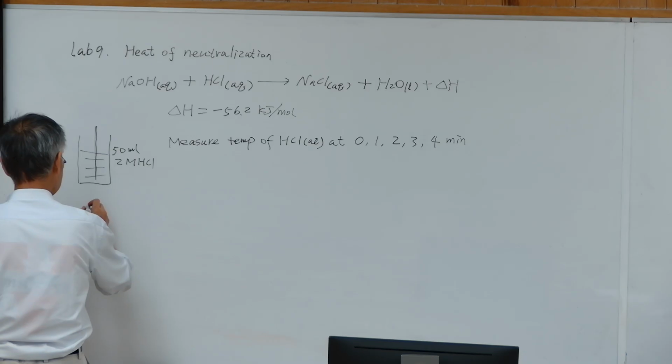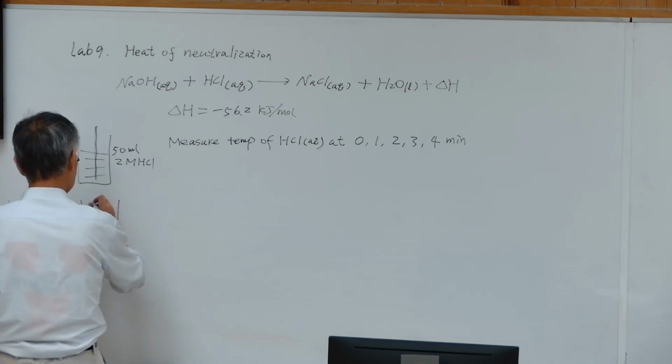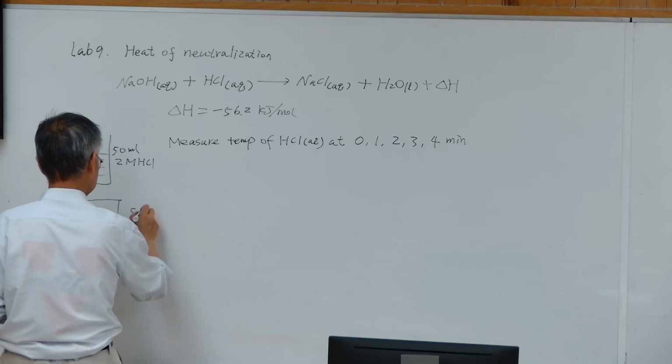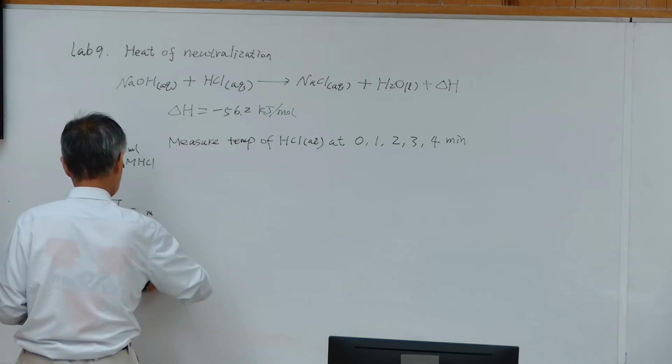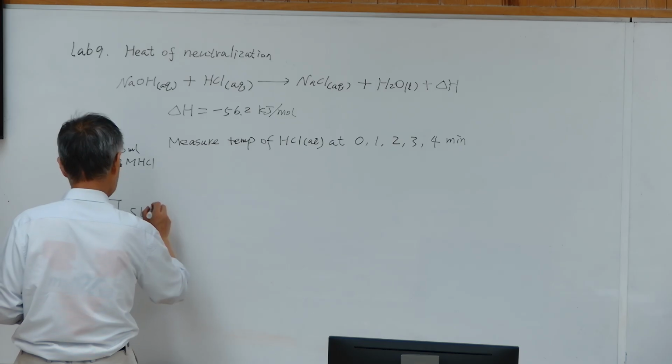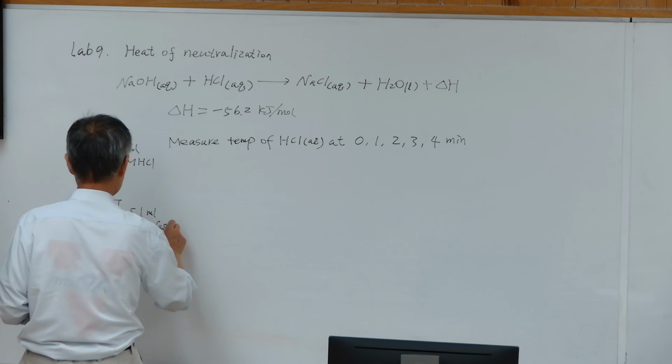At the same time, we put 50 milliliters, actually it was 51 milliliters, of NaOH, so the NaOH is in a little bit of excess. The concentration is the same, 2 molar NaOH, in this beaker.